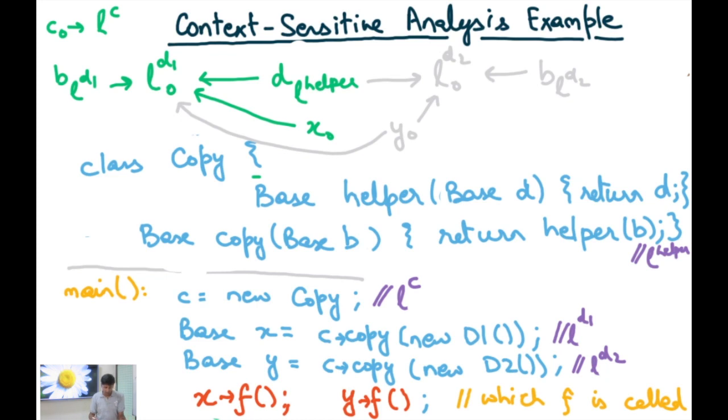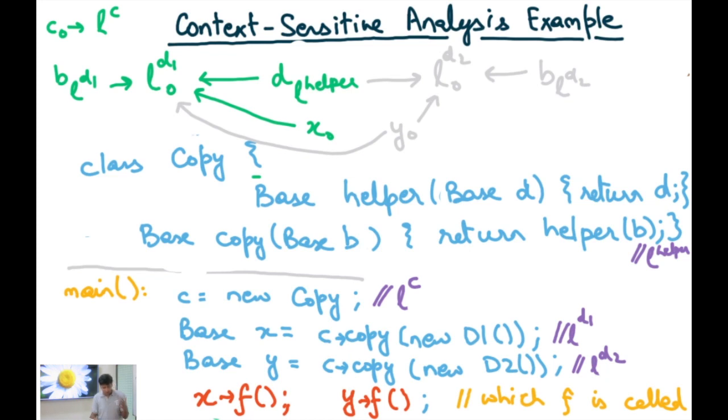Once again, this is an approximation. We know by manually inspecting the program that Y0 can only point to L0 D2, but because we are doing this depth 1 context-sensitive pointer analysis, we had to make this approximation for D L helper, and because that gets transferred to Y, Y0 seems to point to both L0 D1 and L0 D2.